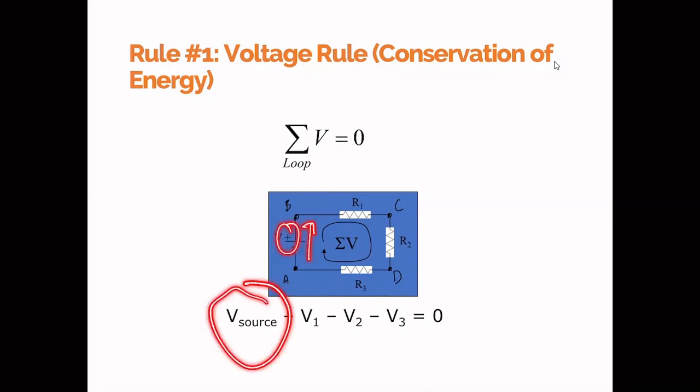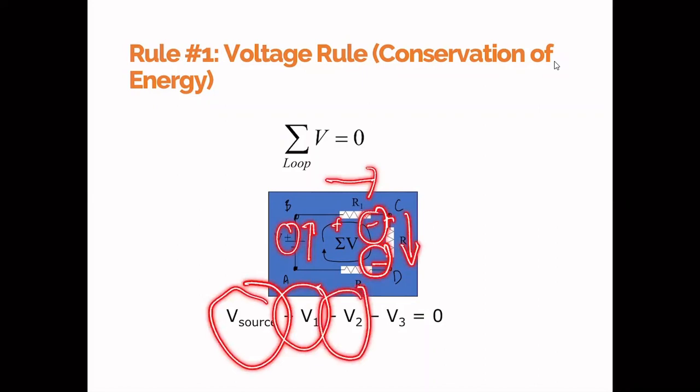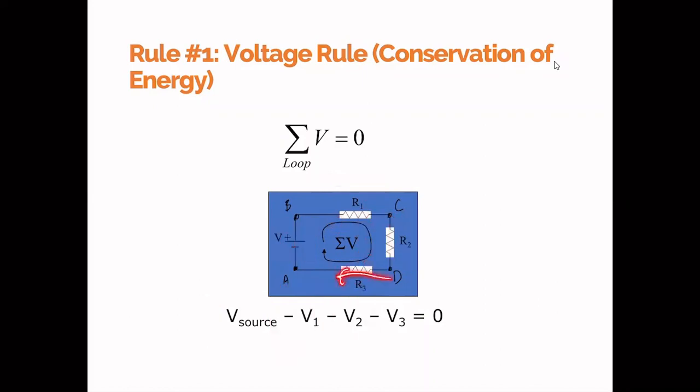Then dito, since towards negative tayo, naka-minus. Then ito, since pag ganyan yung direction niya, yung current natin papasok sa positive, lalabas sa negative, kaya minus yan. Okay? Then ito, positive, then negative. So, towards negative ulit tayo, kaya ito naka-minus.